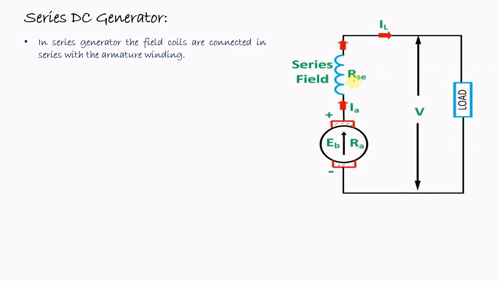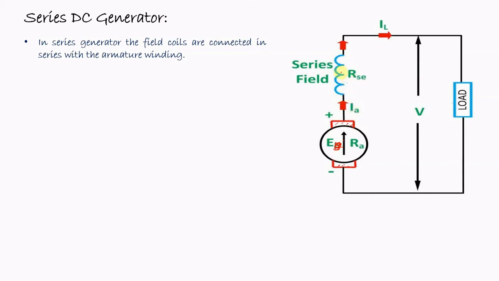Similarly, the resistance of the field winding is represented here as Rse, that is the series field winding. The EMF which is induced in the armature is represented by Eg, and Ia is the current flowing from the armature. This is represented as the armature current.